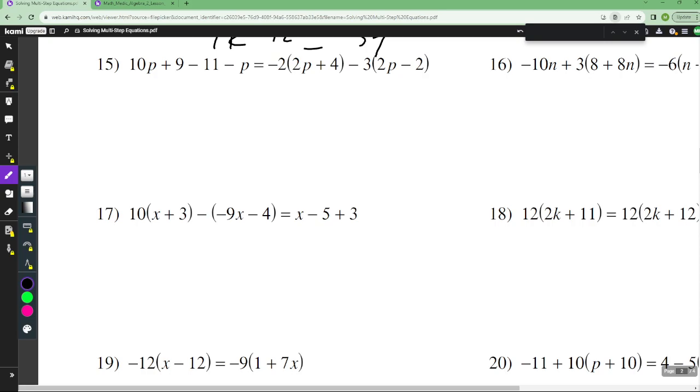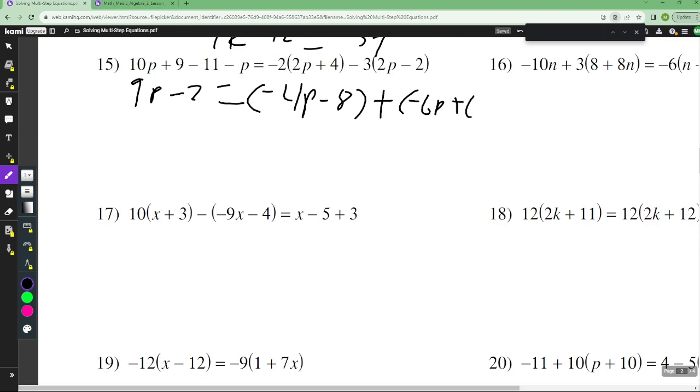So we will have 9p, because 10p minus p, minus 2 equals, and then we're going to distribute negative 4p minus 8, or actually we can do plus, and then factor in the negative as well, negative 6p plus 6.